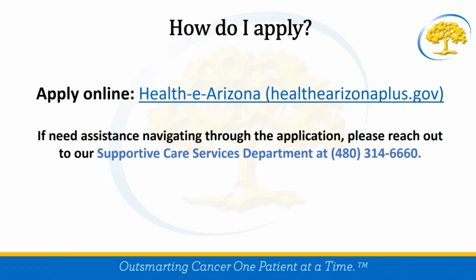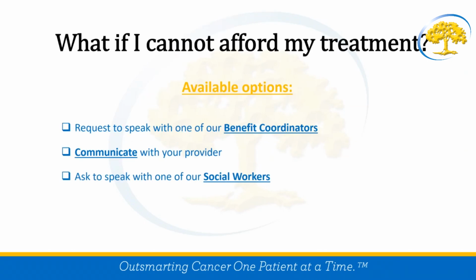So if you are in need of applying for access, I would visit healtharizonaplus.gov, and you can go through and see if you qualify, and if you're unsure, it's always good just to go through the process anyways. We can also help you navigate through the application if you don't have a computer. Our number is 480-314-660.